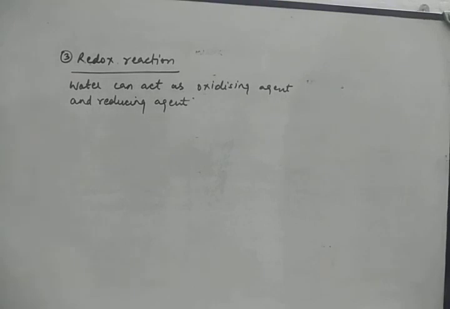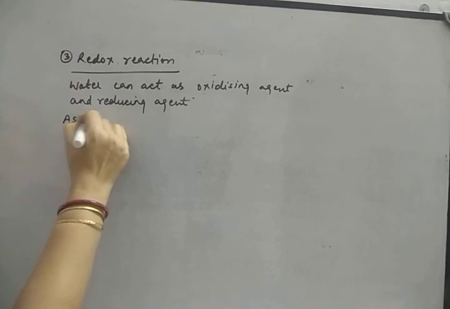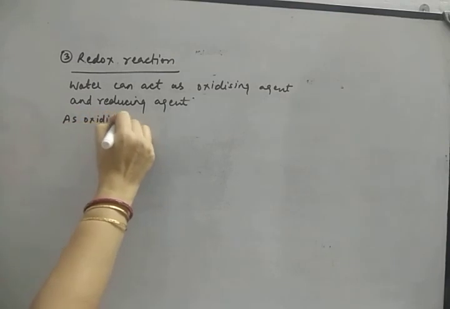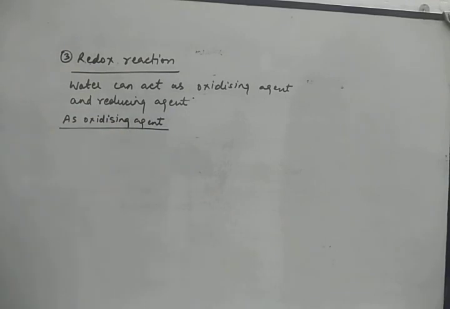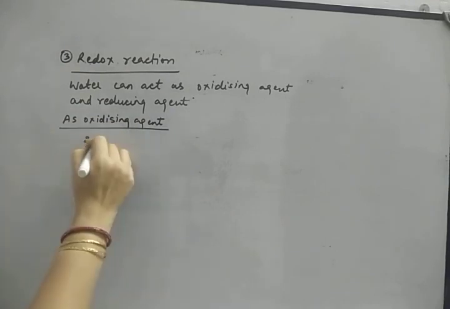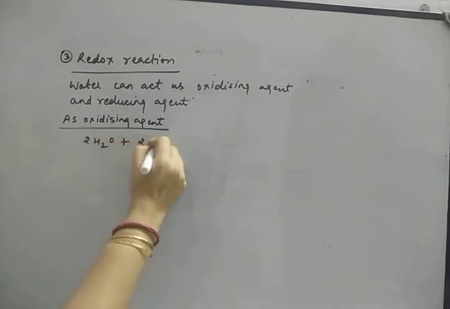Now the next important chemical property of water is regarding its oxidizing as well as reducing character. Water behaves as an oxidizing agent as well as a reducing agent. When it is working as an oxidizing agent, what will happen? Suppose this is water, and it is treated with a more electropositive metal.